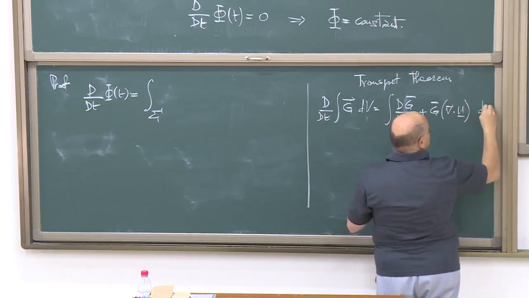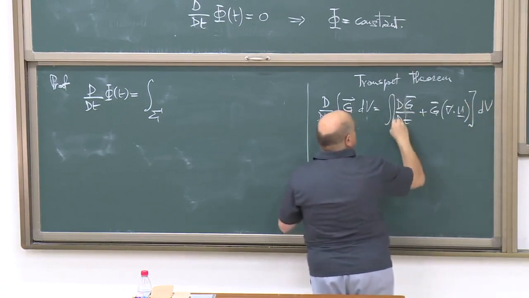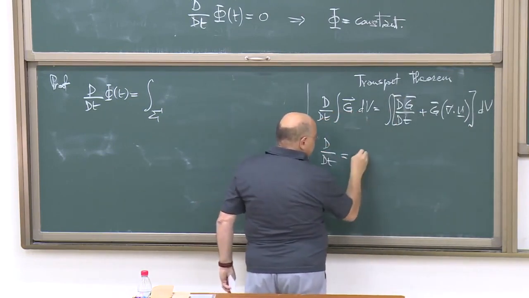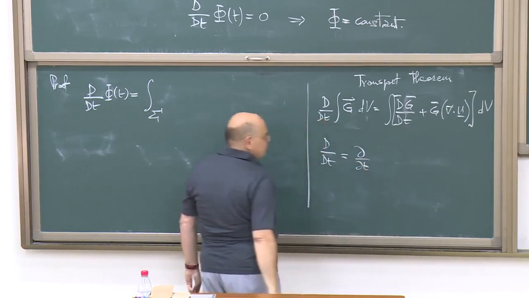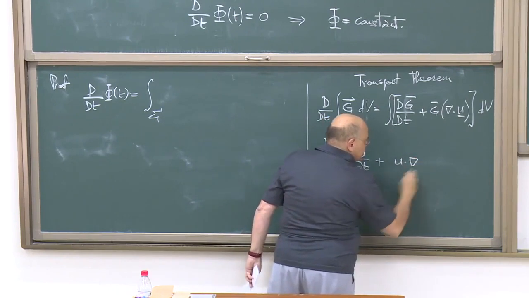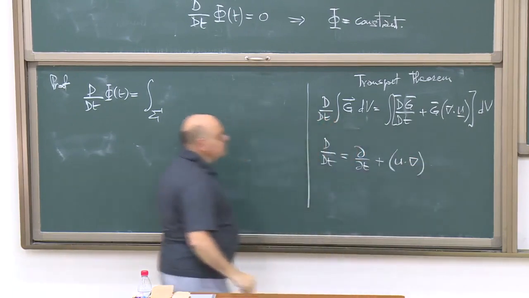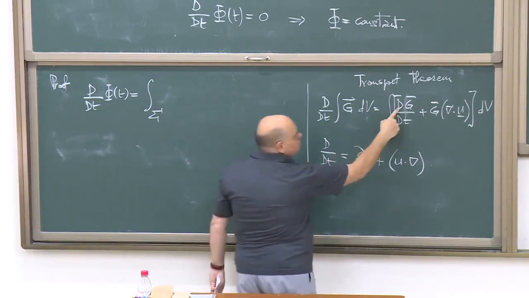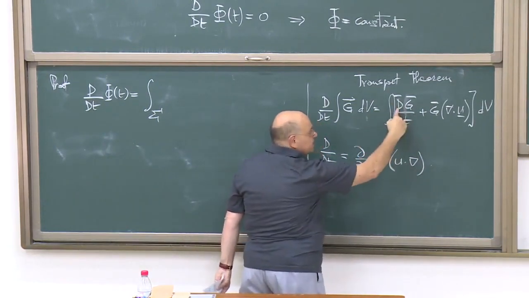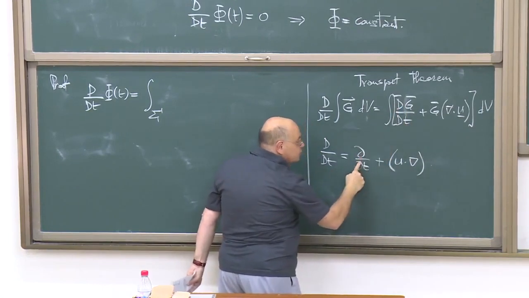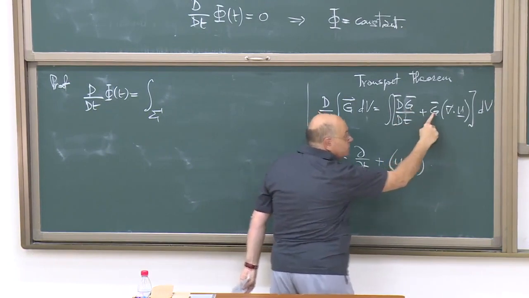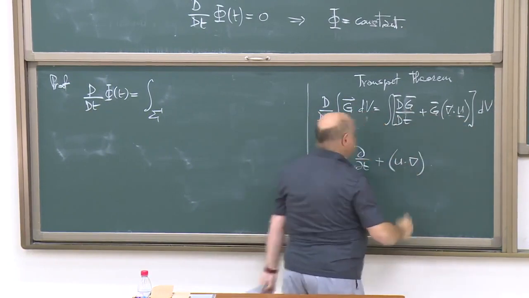And then I like to remind you of our definition of D Dt, which is the partial derivative with respect to time plus the convective term acting on something. So here we have the convective term in D Dt. In capital D, we have a contribution from this and the contribution from this that works on g. And here we have g times this.